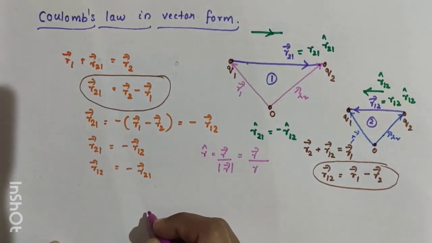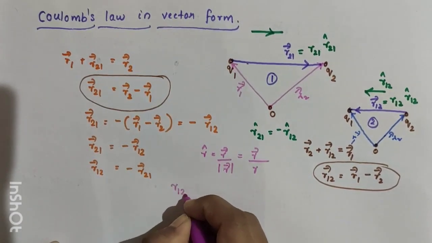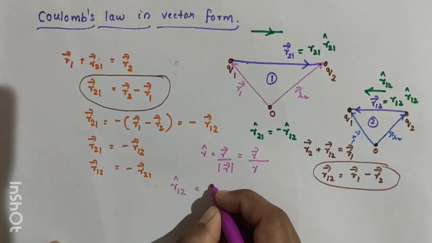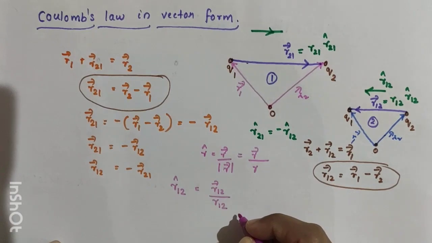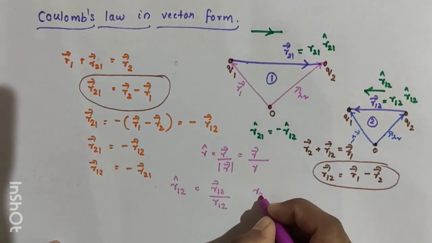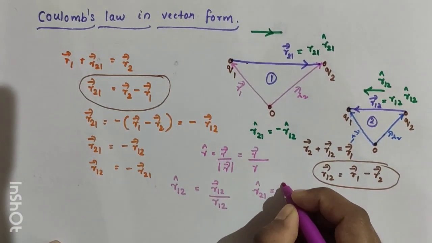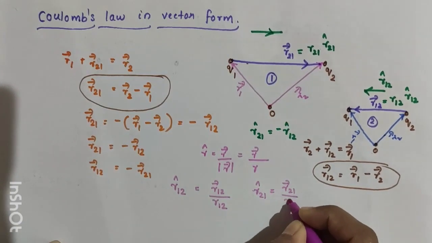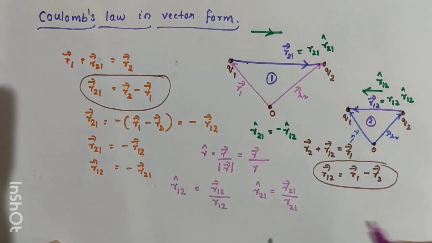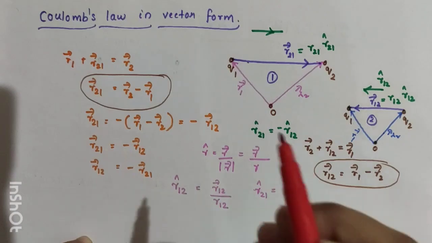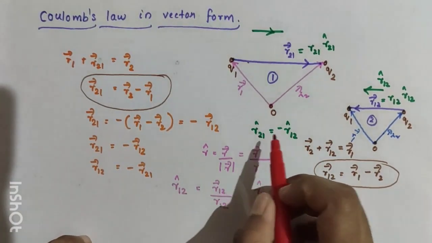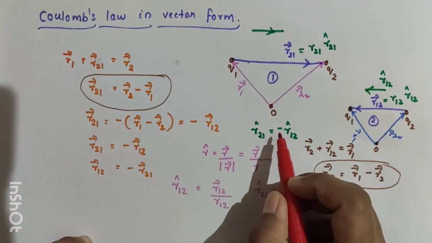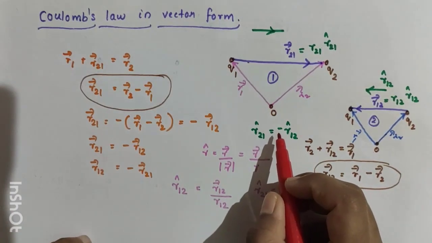So here we can write this r12 cap as vector r12 divided by r12. Similarly, we can write r21 cap as vector r21 divided by r21. And these two unit vectors r21 cap and r12 cap are equal in magnitude but opposite in direction. That is why we put a negative sign here.